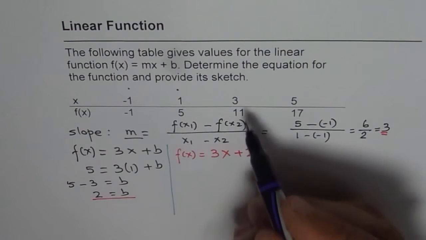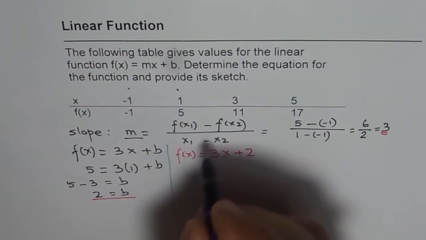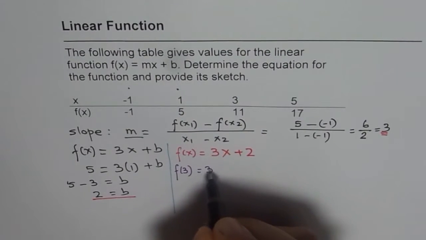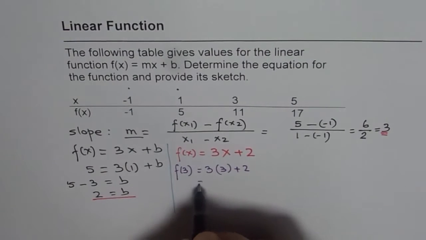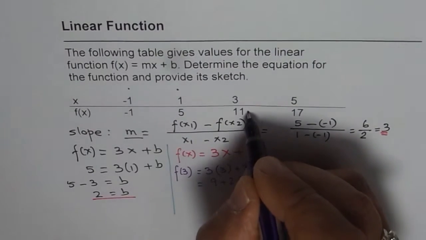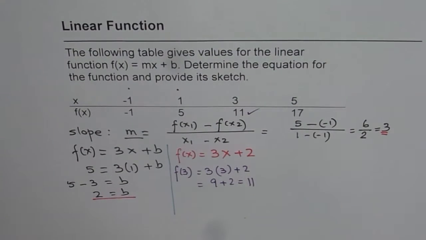So to check, we can use the third point. So what is f of 3? Let's calculate f of 3. So f of 3 should be, replace x with 3, plus 2. 3 times 3 is 9. 9 plus 2 is indeed 11. So f of 3 is 11. Correct. So we have checked it. So that is perfectly fine. So this equation is accurate.